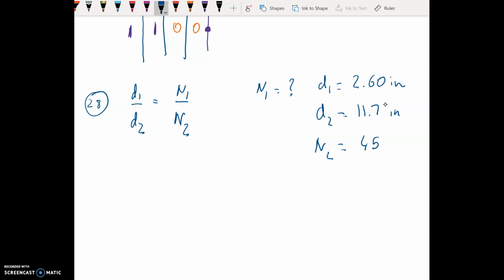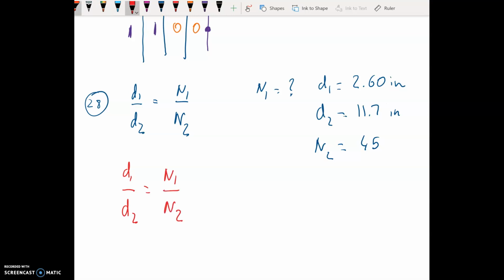So what I'm going to do is first, from this formula, express N1 by itself. If I want to express N1 by itself, that means I will have to isolate N1, and to isolate N1, I will have to get rid of N2.